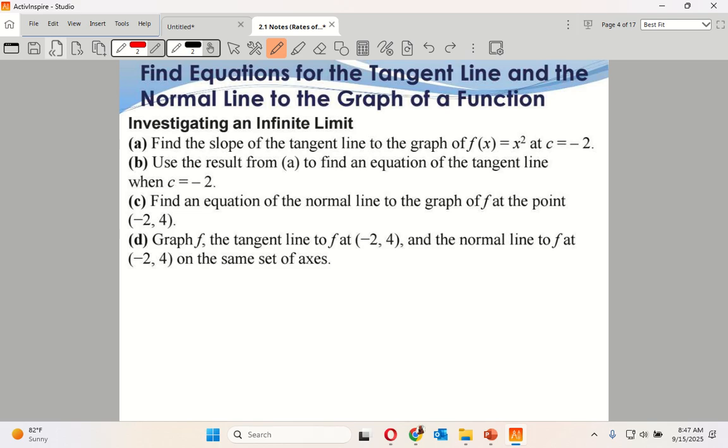So we found the slope of the tangent line to that graph at that point. So my slope was -2. Use the result from this to find the equation of the tangent line. So we said f prime of -2 was -4, and that is supposed to be my slope, right?